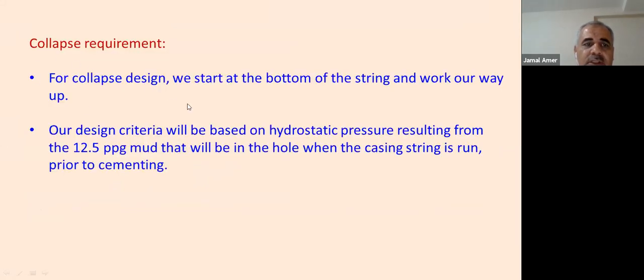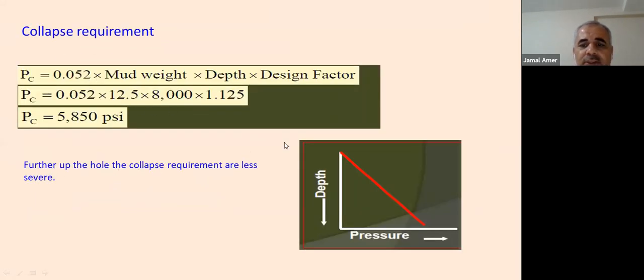Okay, collapse pressure. What is the collapse pressure? As we said, the collapse pressure depends on the formation: 0.052 multiplied by mud weight, 12.5, multiplied by the total depth, multiplied by design factor. It will come to 5,850 psi. What is the number here? Okay.